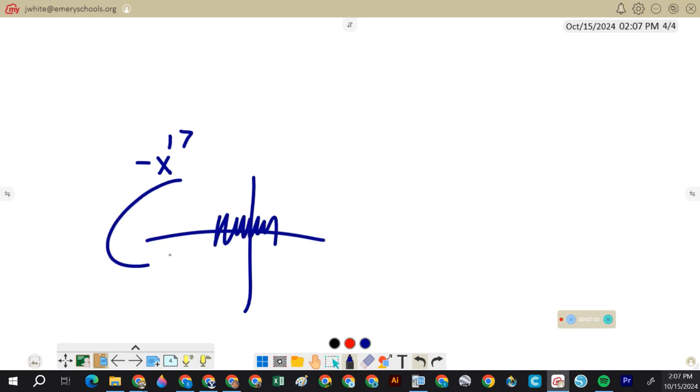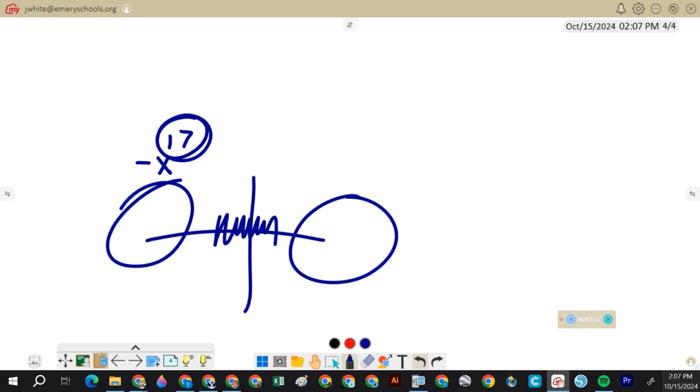But what does the left side look like, and what does the right side look like? Well, this is going to be similar to what? Is it going to look like a parabola? No, why not?